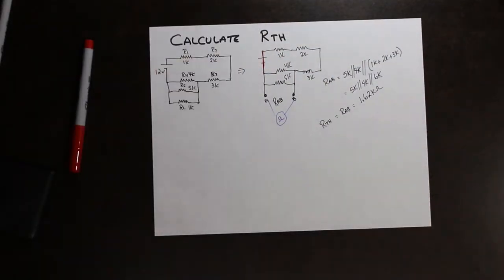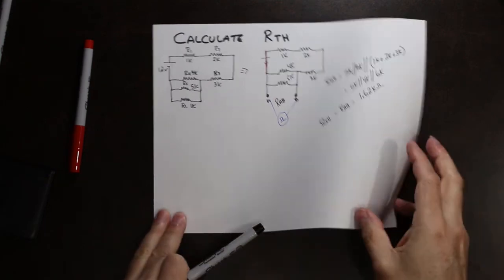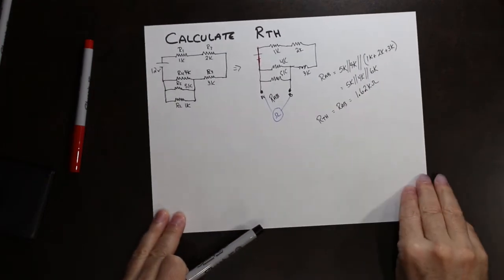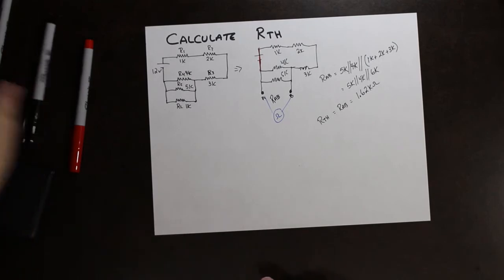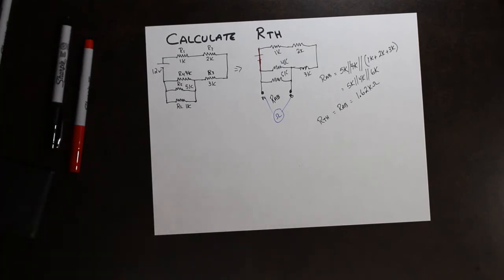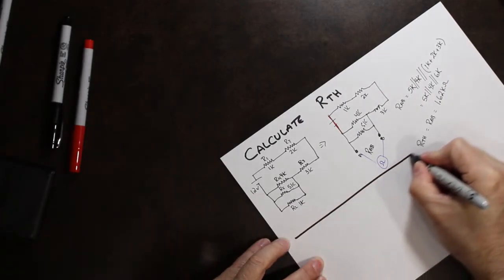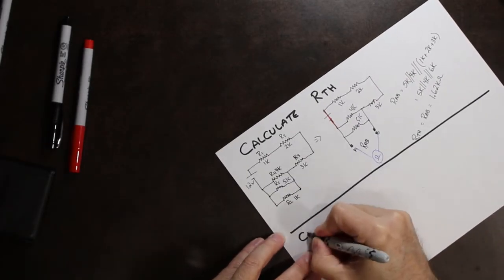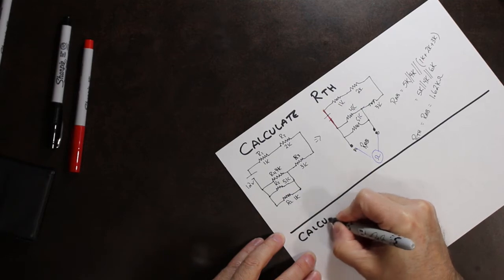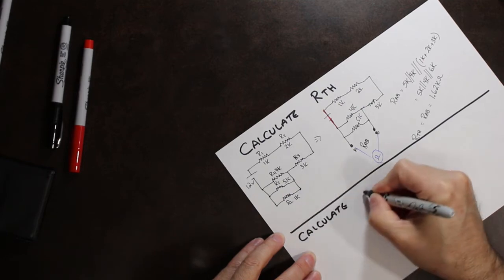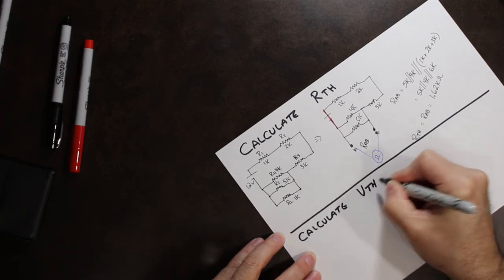So now we need to calculate Thevenin's voltage for this circuit. So what I'm going to do is I will just draw a line here. Calculate V Thevenin.